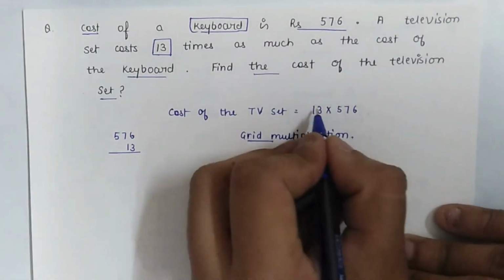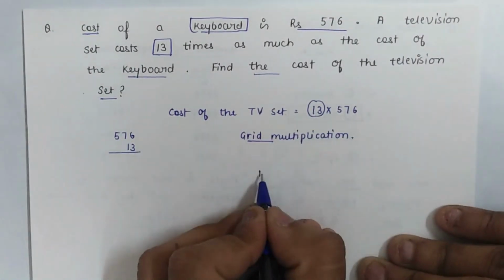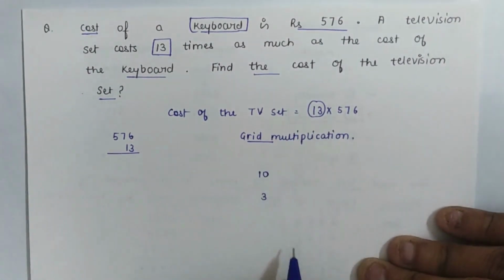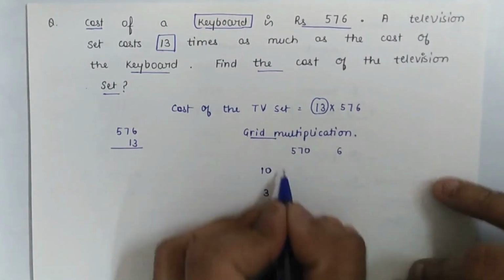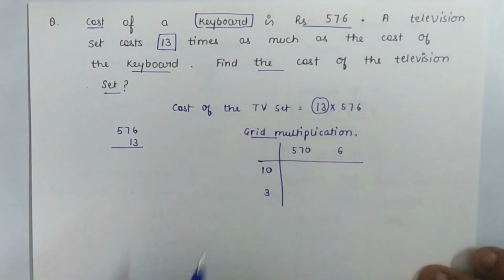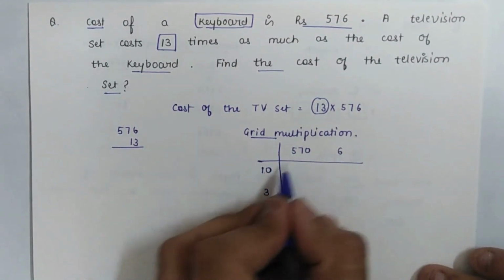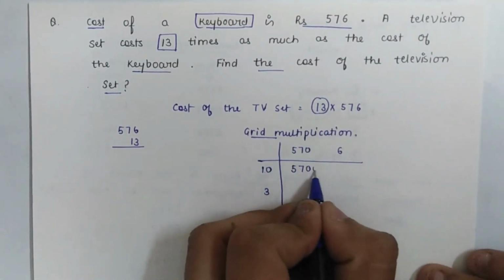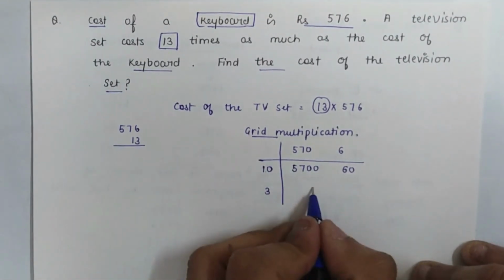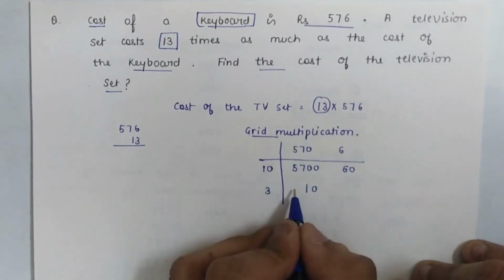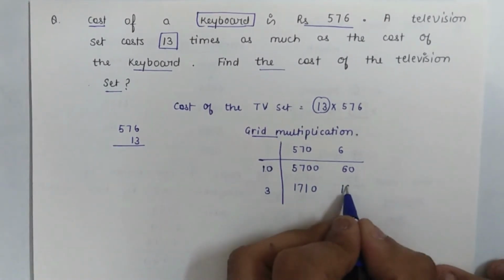We write 13 as 10 plus 3, and 576 can be written as 570 plus 6. Now the multiplication: 10 times 570 is 5700, 10 times 6 is 60, 3 times 570 is 1710, and 3 times 6 is 18.